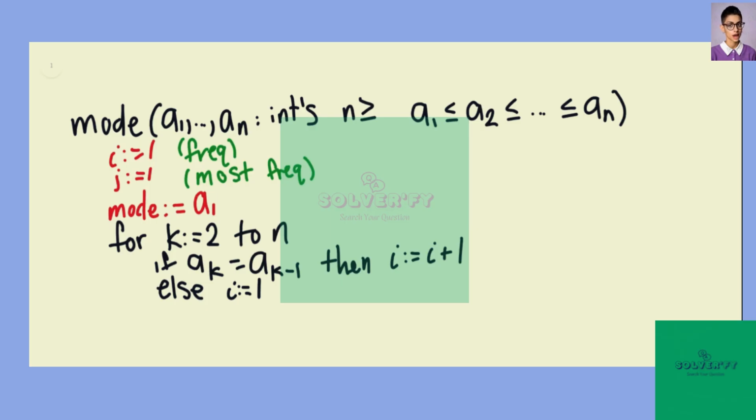Additionally, if at any point we obtain an i count larger than j, we want to adjust j.